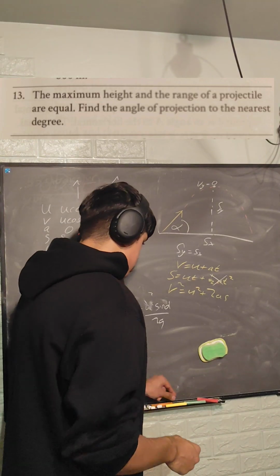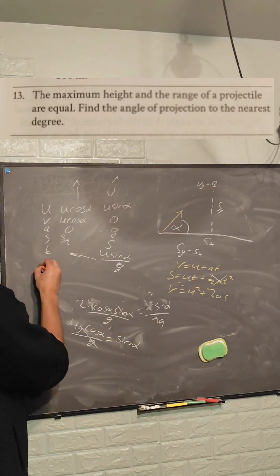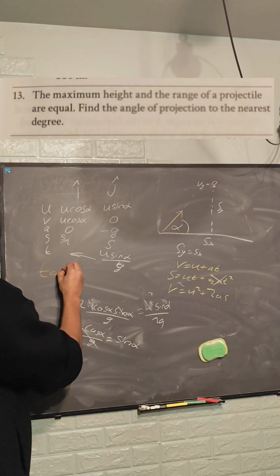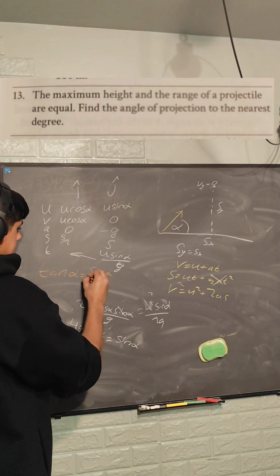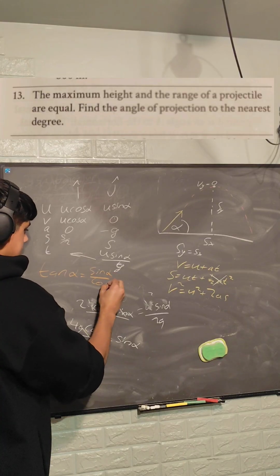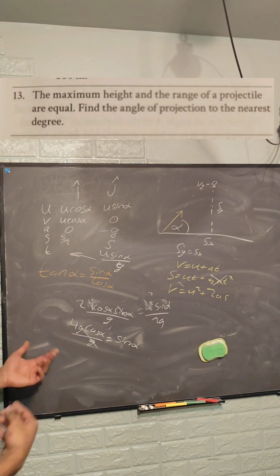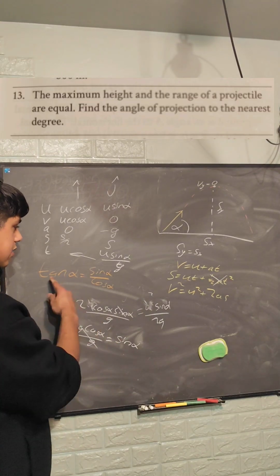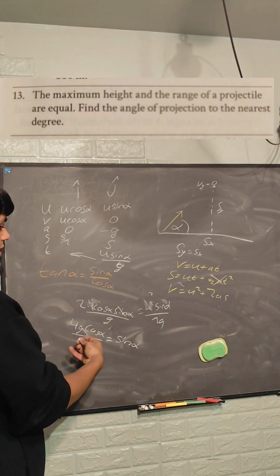And this part you might not know, but it's very useful, and you should always remember it. It's that tan of an angle called alpha is equal to sine of alpha over cos of alpha. Here this is not possible to solve without this identity. What we're going to want to do is make tan alpha in this equation.